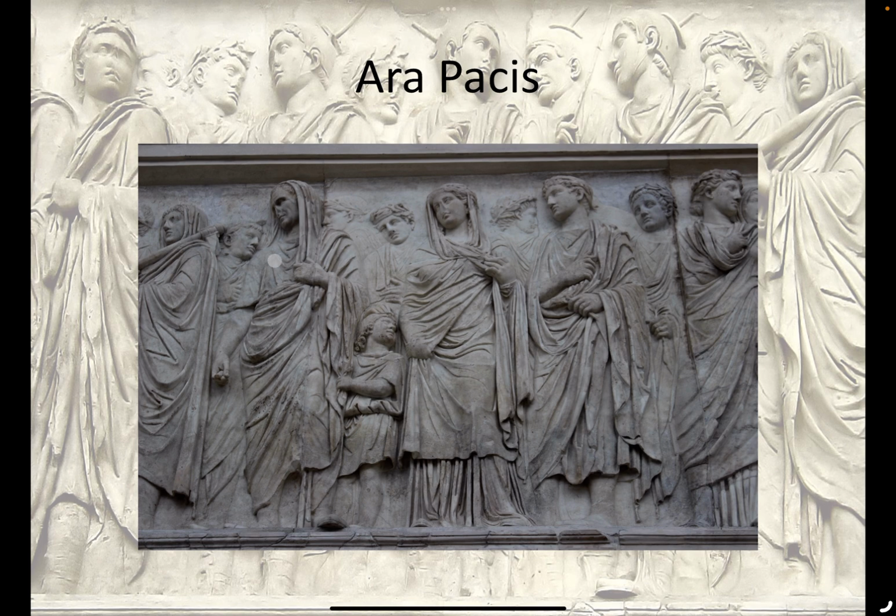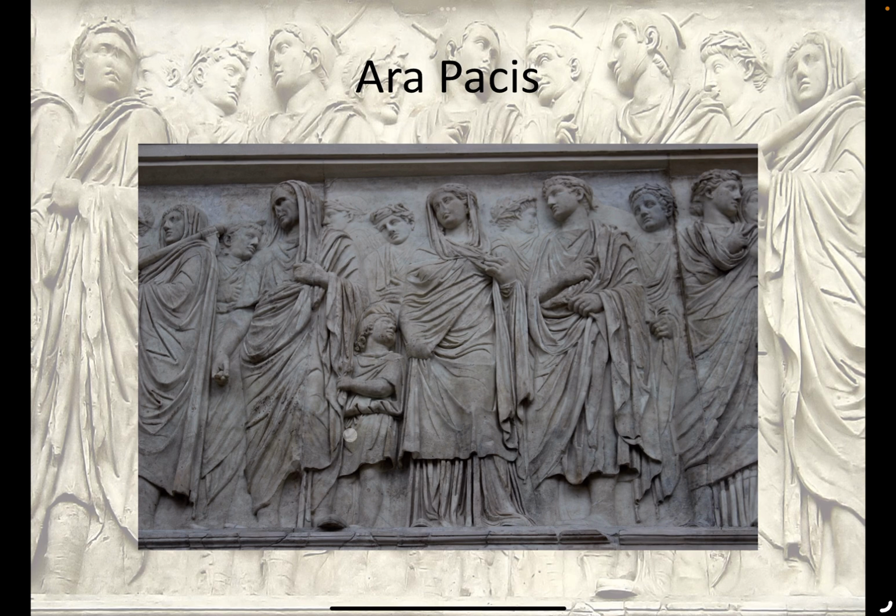And so this figure, for instance, is almost certainly Agrippa, who was Augustus's right-hand man and his son-in-law. And there is a young boy standing next to him, tugging on his toga here. Agrippa is veiled, which means he is dressed in religious garb here, preparing for the religious ritual about to happen.